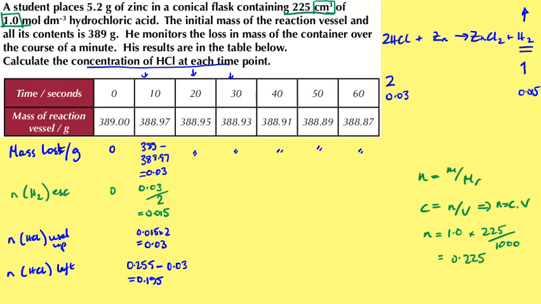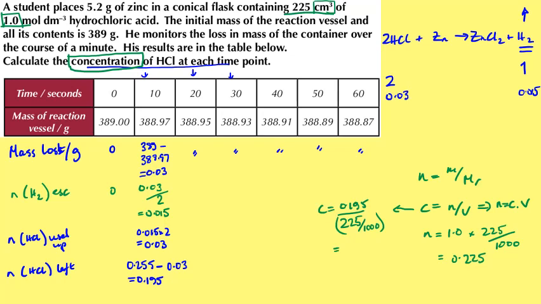But we want concentration. The last step is to work out concentration, because the question here is asking us for concentration at each time point, and we're going to use this same equation here. So concentration is our moles over volume, so concentration is going to be moles, which is 0.195, and our volume is still our 225, but convert it into dm cubed.